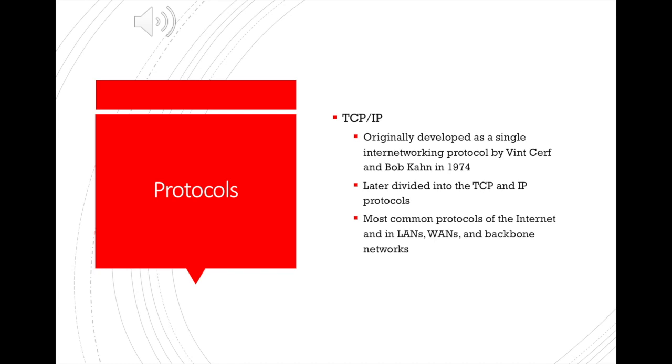It was originally developed as a single internet working protocol by Vint Cerf and Bob Kahn in 1974. Later divided into TCP and IP protocols. It's the most common protocols of the internet in LANs, WANs, and backbone networks. So everything you do on the internet today is pretty much TCP/IP. You wouldn't have the World Wide Web without TCP/IP. Keep that in mind.